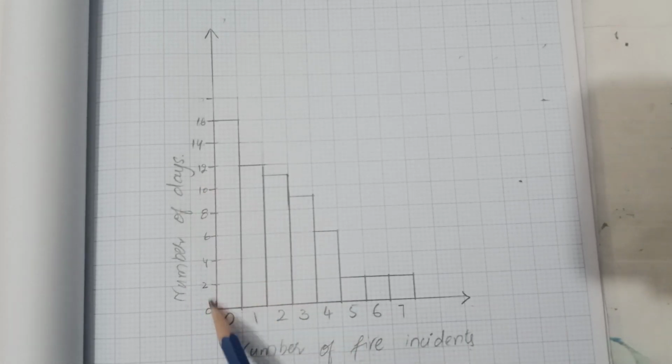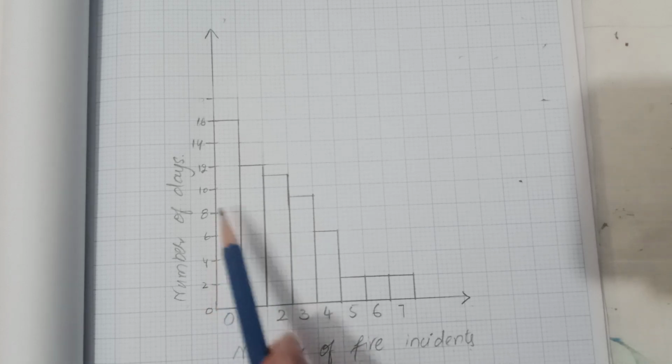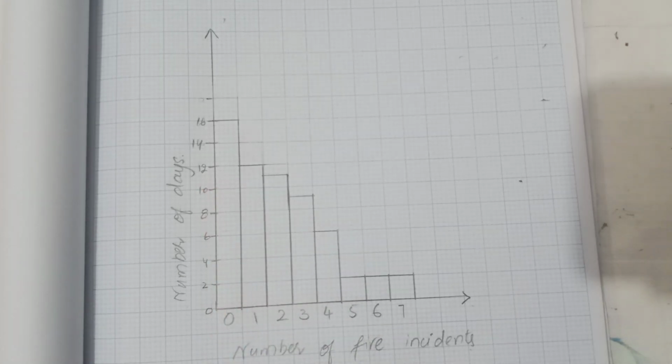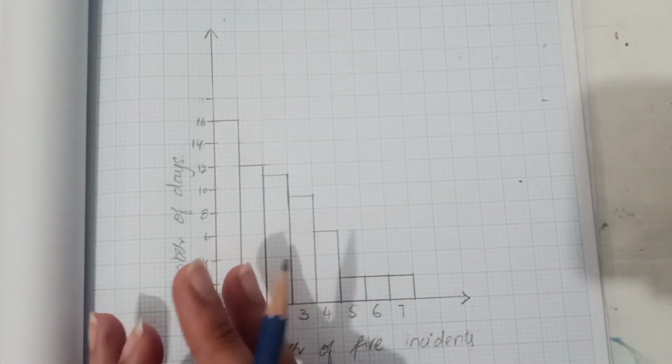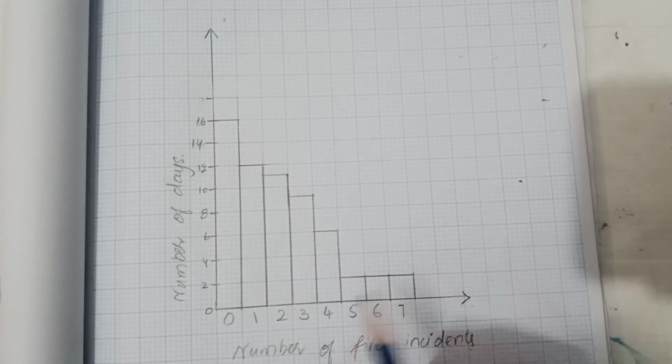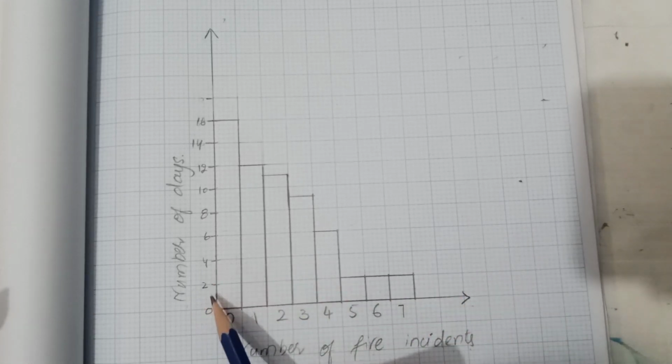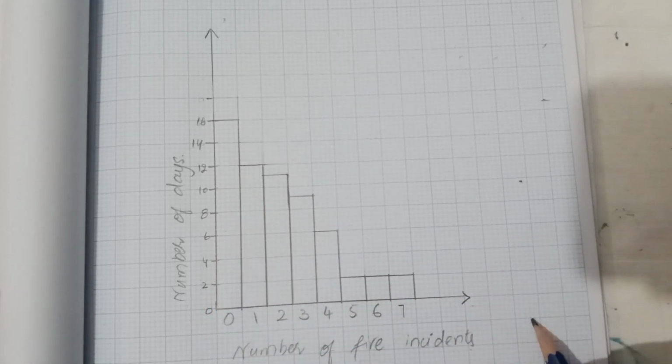The difference between these is 2, 2, 4, 6, 8. I take the difference of 2 because I want my graph to be in the range of the graph paper. That's why I take the scale with a difference of 2. Now students, the histogram is done.